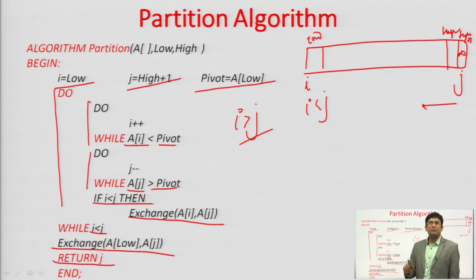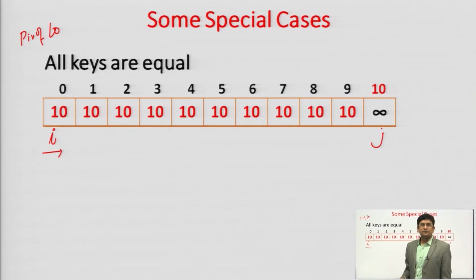If a[i] is greater than pivot, stop. Similarly for j also, if a[j] is greater than pivot, do not stop, keep performing j minus minus. But if a[j] is equal to pivot, stop. If a[j] is smaller than pivot, then also stop. So come to this example, i has reached here, this element is equal to pivot, so we will stop.